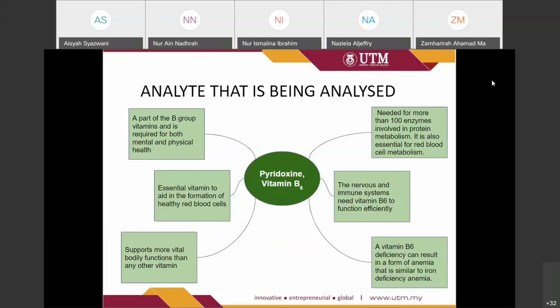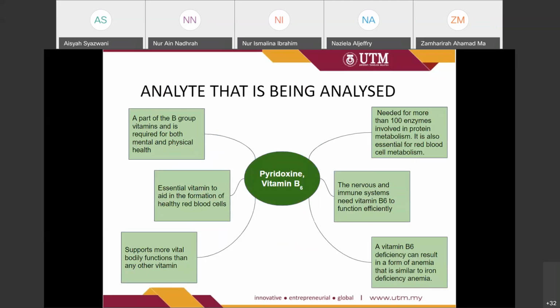Okay, next is the analyte that is being analyzed. It is pyridoxine, also known as vitamin B6. So vitamin B6 is a part of the B group vitamins and is required for both mental and physical health. This vitamin is also essential to aid in the formation of healthy red blood cells, and it also supports more vital bodily functions than any other vitamin.